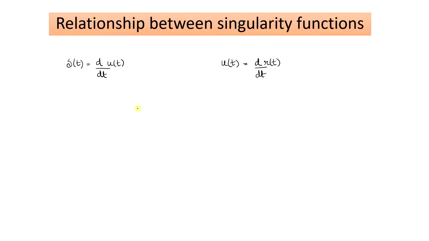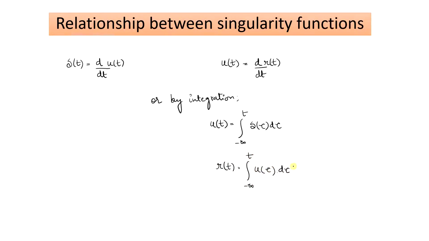Or I can represent it in terms of integration, as you can see in the relationship: u of t equal to the integration from minus infinity to t of delta of tau d tau, and r of t equal to the integration from minus infinity to t of u of tau d tau. So these are the various relationships between the three singularity functions.